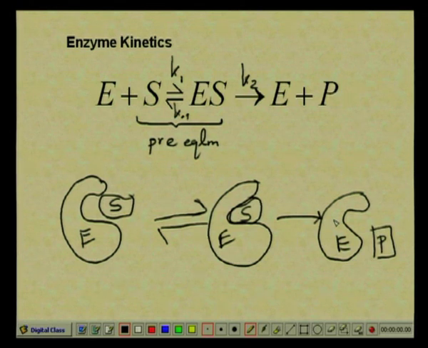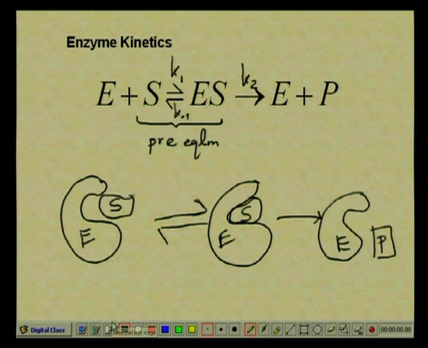That is what is unique about these catalysts. You have to understand that these are all chemical reactions that are going on in the active site, but it reverts back to where it has to be after the reaction in the event forming the product. Okay? So, now we are going to see how we can get to expressions for enzyme kinetics.